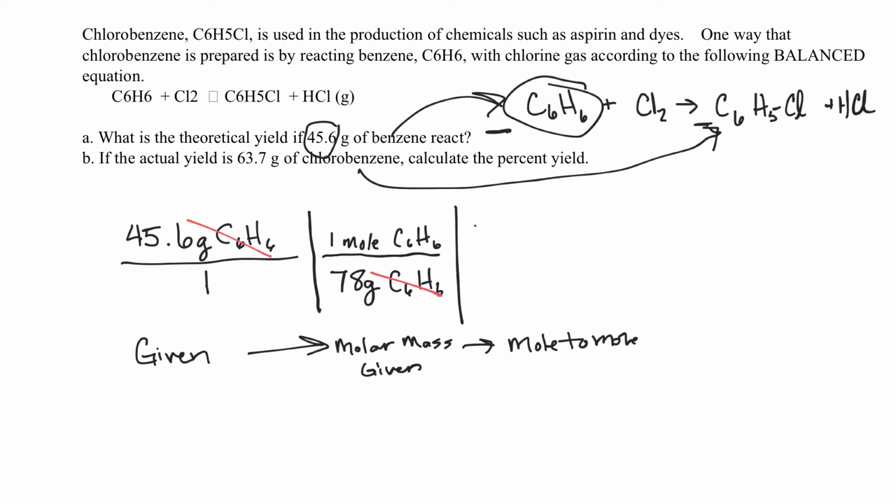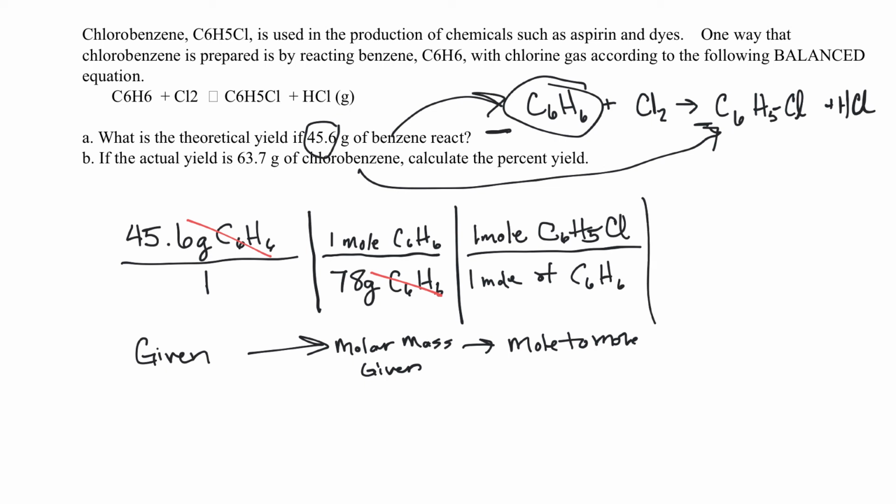So we're going to do 1 mole of chlorobenzene. I can't even say it. C6H5Cl and 1 mole of C6H6, right? Okay, that's our mole ratio.